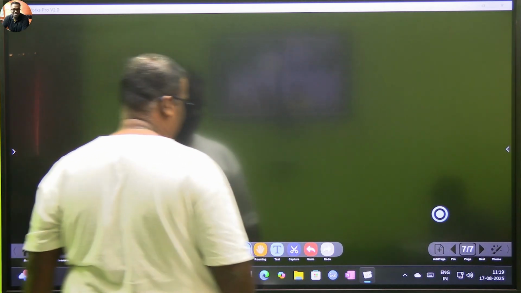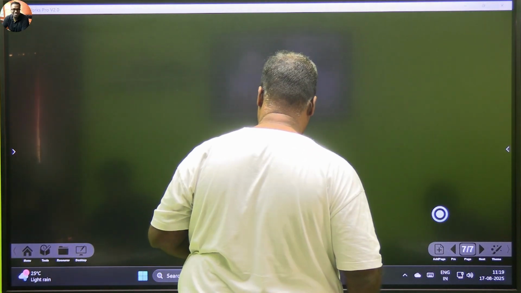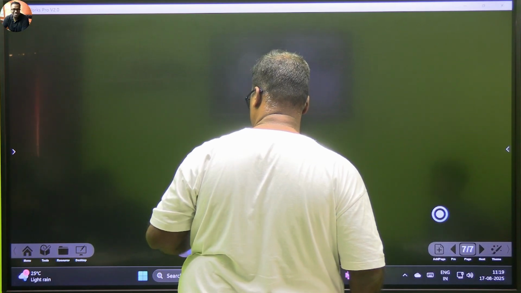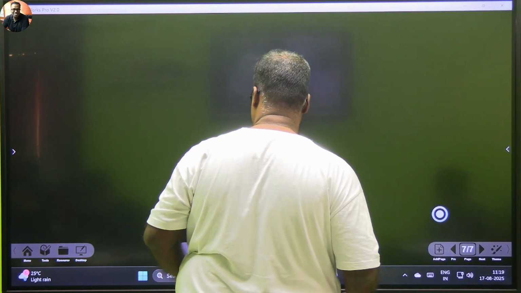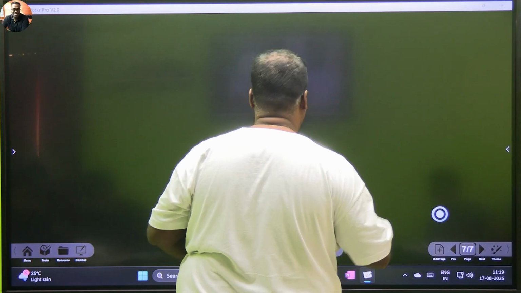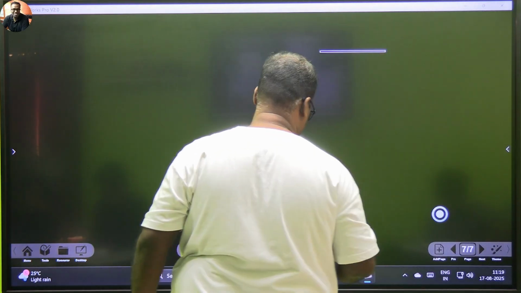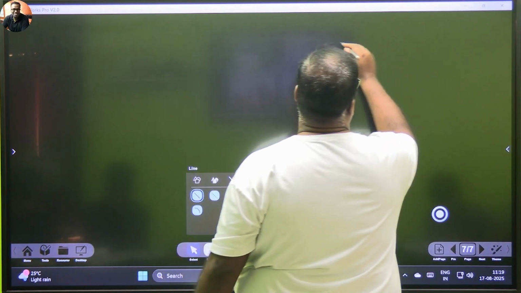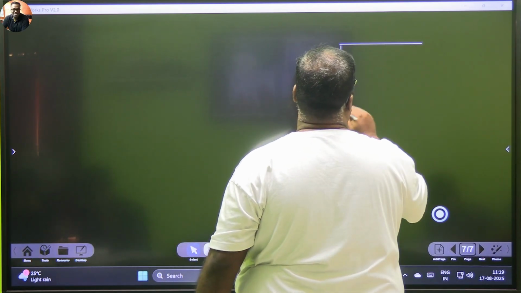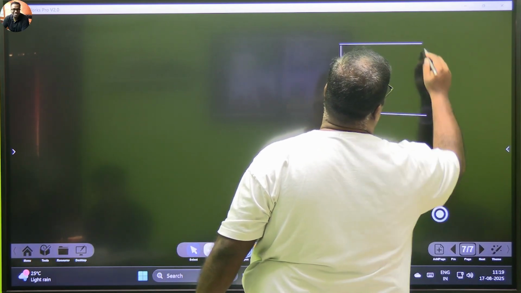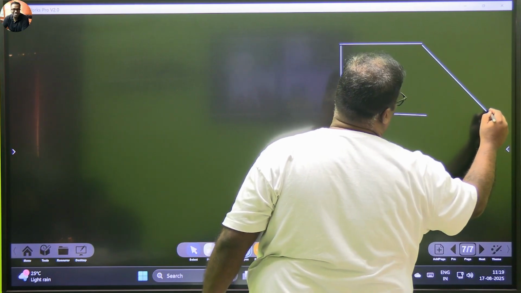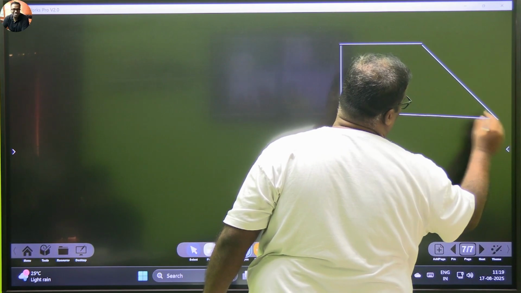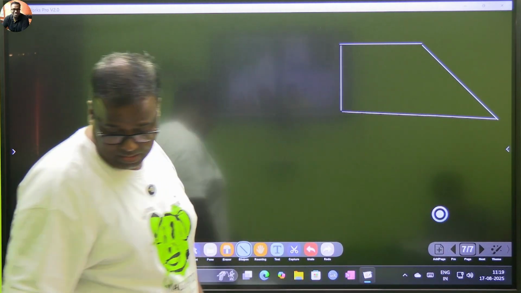So in the given figure, what is the figure? It is a trapezium. So your given figure is something like this. The square is actually a construction. That's giving you a hint. You should see the figure like this. What is the name of the figure?